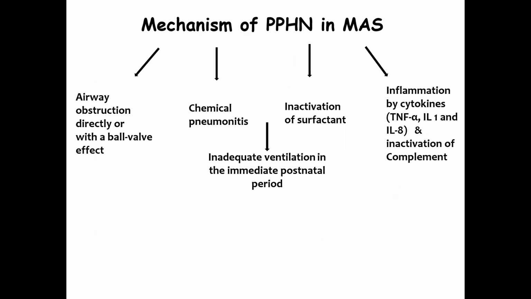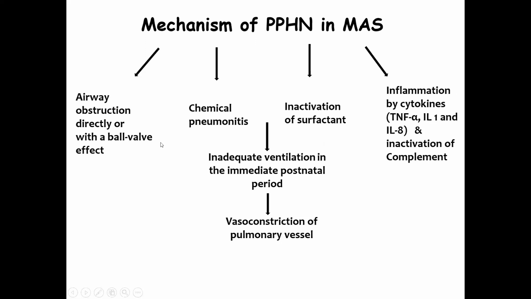So let us take meconium aspiration in particular, because this is the commonest cause for PPHN in general. We know that meconium tends to cause inflammation due to release of pro-inflammatory cytokines like TNF-alpha, interleukin-1 and 8, and it inactivates endogenous surfactant and causes severe inflammatory reaction or chemical pneumonitis, with airway obstruction due to the presence of meconium plug per se, or partial obstruction with a ball valve effect.